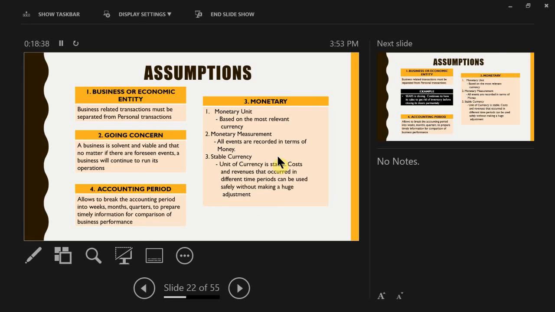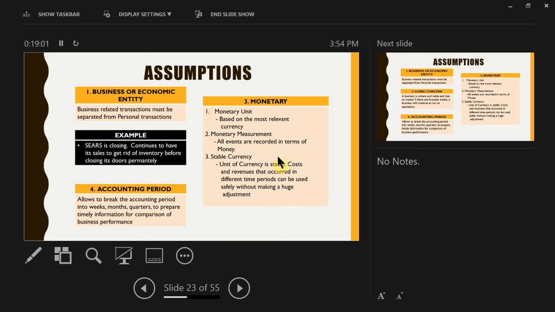Then we have going concern, right? This is the assumption that no matter if there is a foreseen foreclosure or a foreseen event, you are going to continue operating your business as if nothing's wrong, continuing on until you are ready to stop doing business, for whatever foreseen event that happened. A perfect example is Sears. Sears was going bankrupt and they filed for bankruptcy, but they were in the process of trying to get rid of all of their inventory.